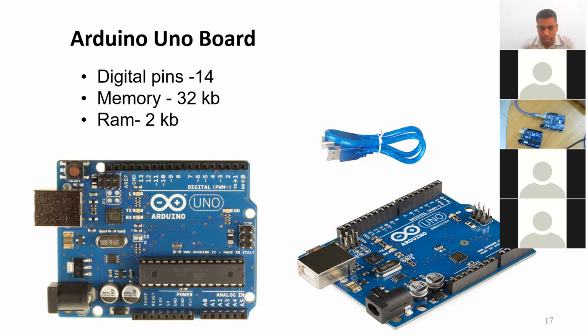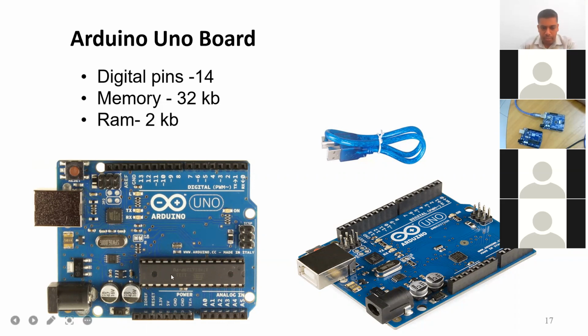That's a very small memory comparing with our hard disk and our other memories. But we can use this memory only for the programming. අපිට program එක upload කරන්න තමයි මේ memory එක use කරන්නේ. And same as that we can use 2 kilobyte RAM. Very small RAM is there. Comparing with our laptop and desktop RAM, it's very small. But for this microcontroller, it's enough.